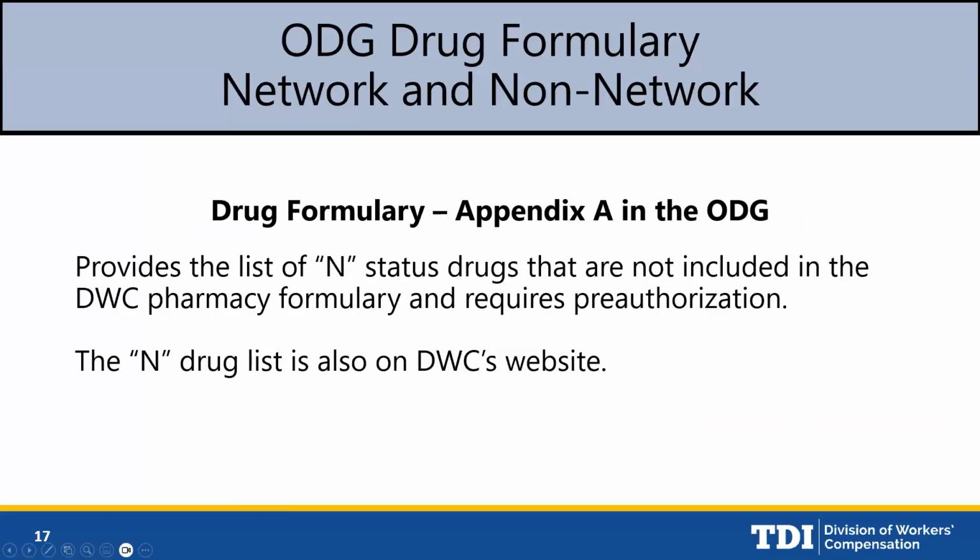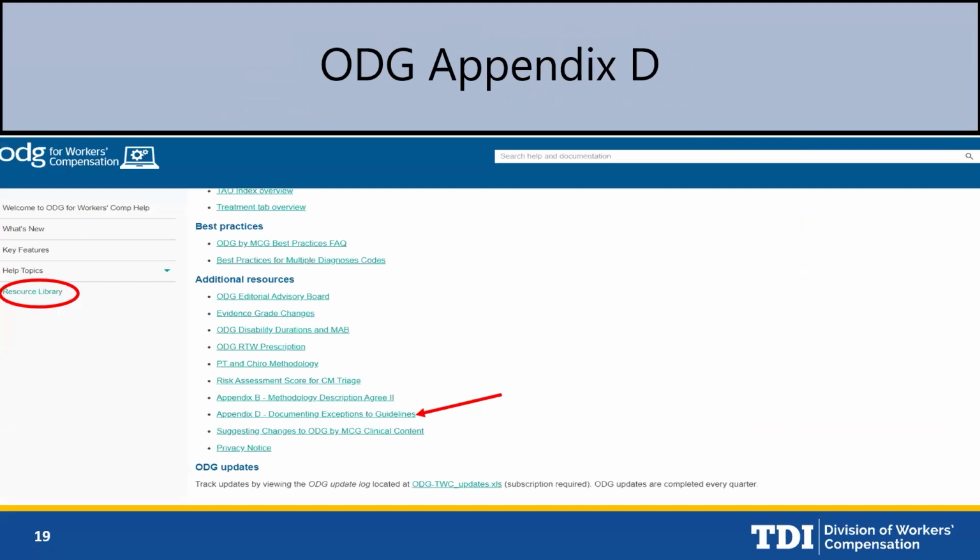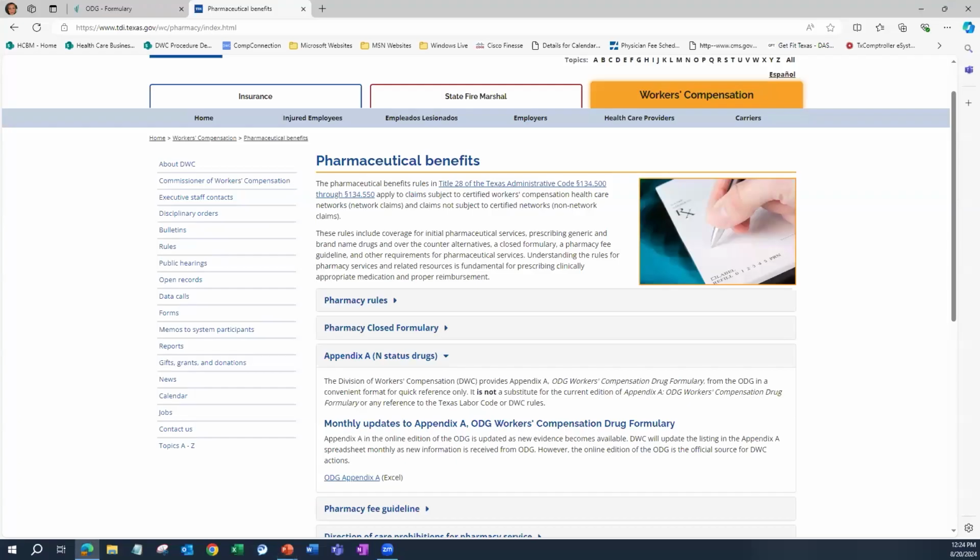So that's where the Appendix A is, just to show you where Appendix D and A are, just like I showed you. The formulary is right there in that tab, and then under Help and Training, if you click on that, that's where you're going to find Appendix D. Under Resource Library, Appendix D is right down there under Appendix B. I'll show you online.